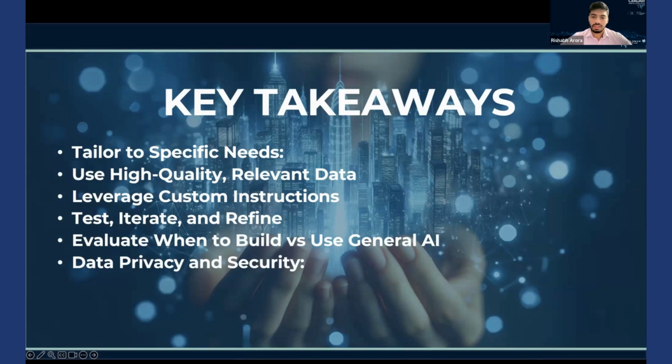Also, we need to think carefully about when a custom GPT is necessary versus just using general AI. If my queries are very general, I'll probably go with general ChatGPT, conversational chat. But if my use case is very specific to a business or to productivity, then I might switch to the use cases that we have seen.